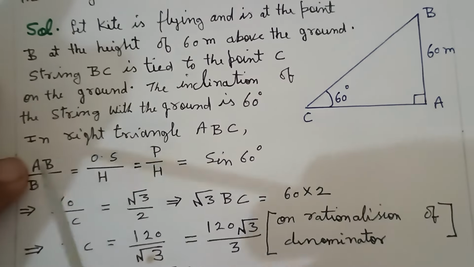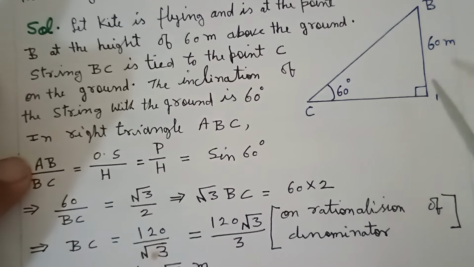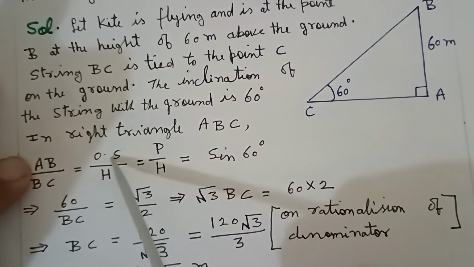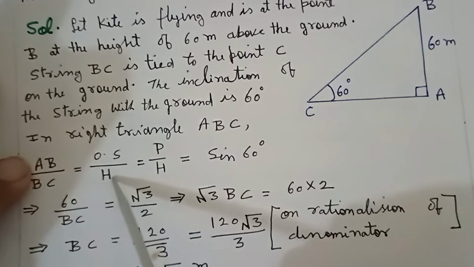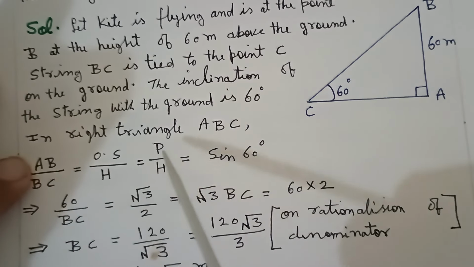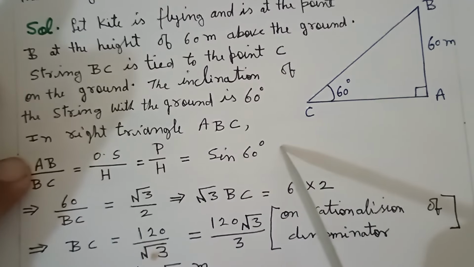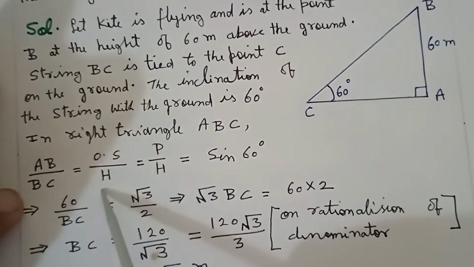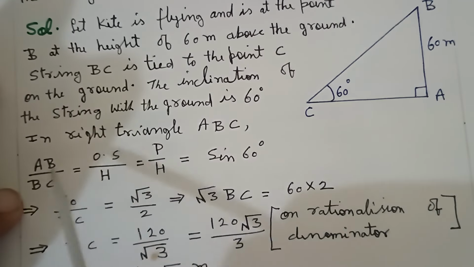AB upon BC is equal to opposite side upon hypotenuse is equal to perpendicular upon hypotenuse is equal to sine 60 degree. So this implies 60 upon BC, AB की वैल्यू रख दी.